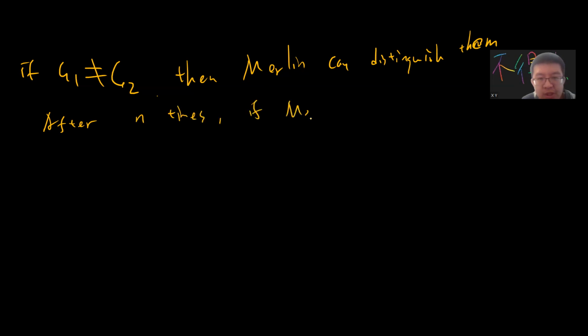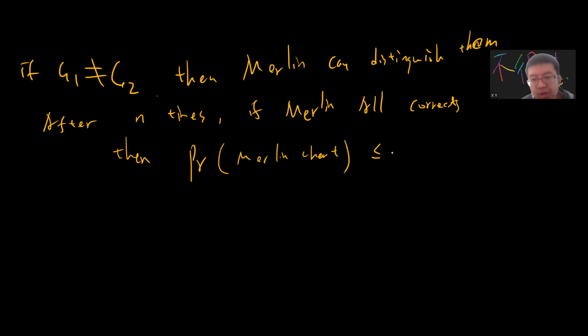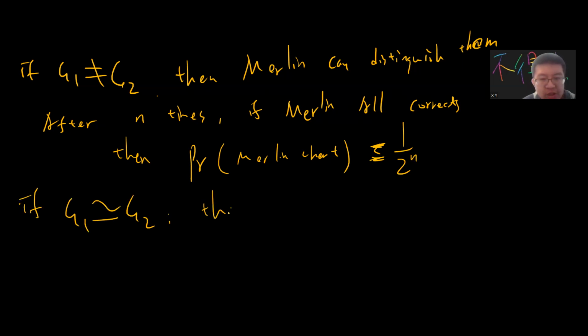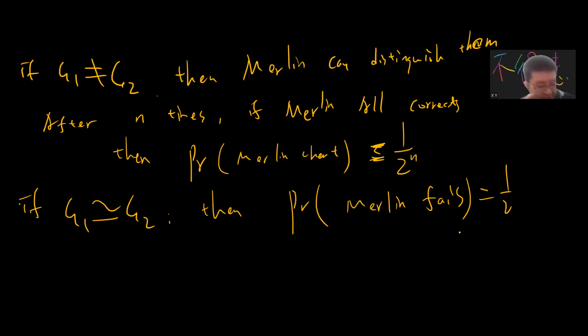If Merlin is correct every time, then the probability that Merlin cheats is exponentially small. And obviously, if the graphs are isomorphic, then the probability that Merlin fails is half, because if the two graphs are actually the same, Merlin doesn't know whether the graph comes from G1 or G2.